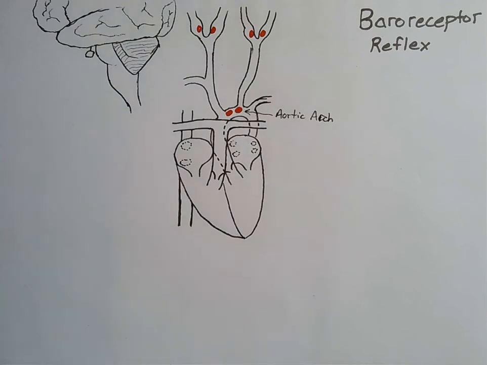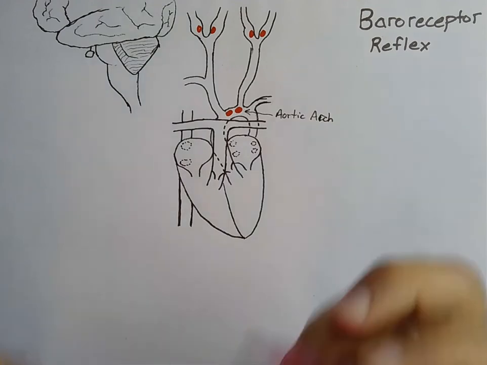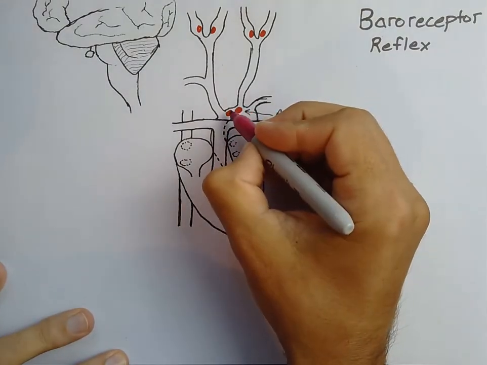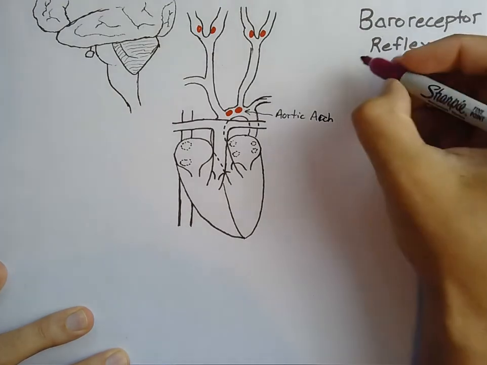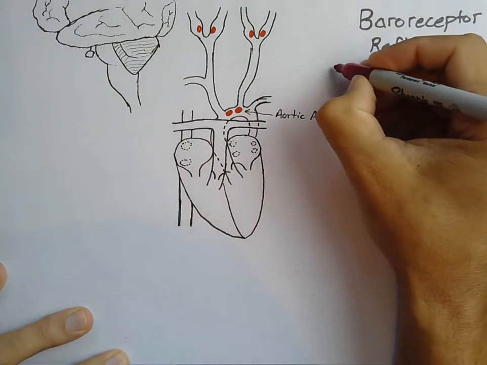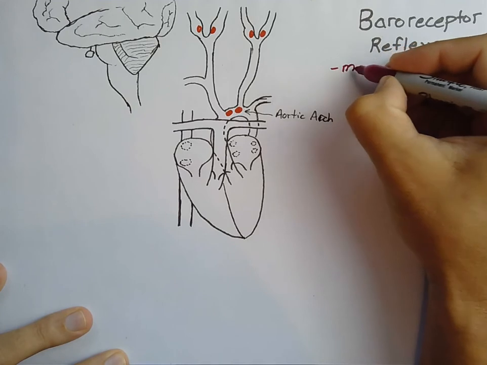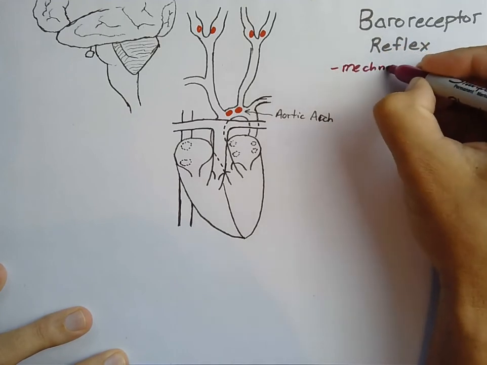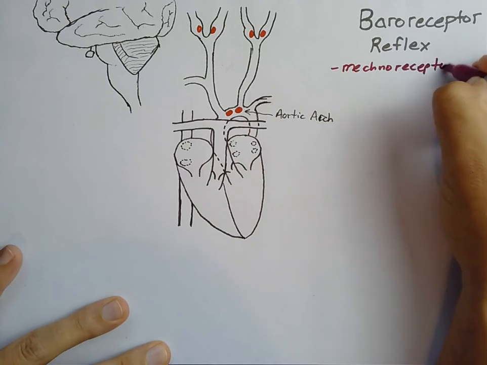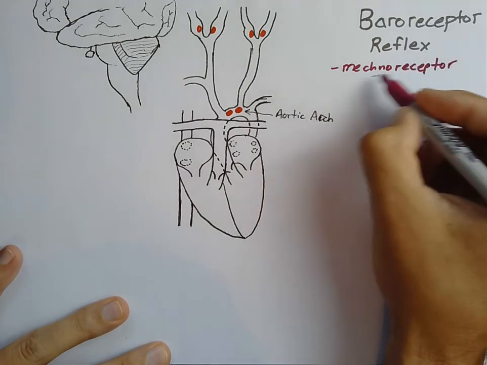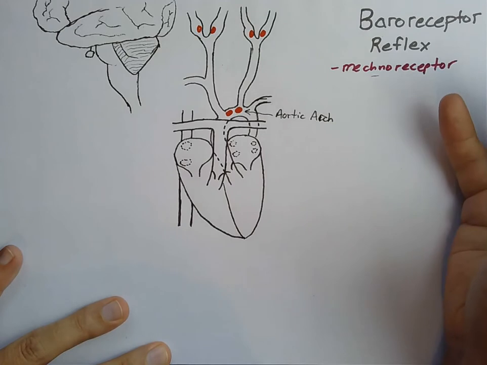The way these baroreceptors work is they are triggered by the stretch itself. The baroreceptor is a mechanoreceptor. Mechanoreceptors means that they are changed by physical properties.